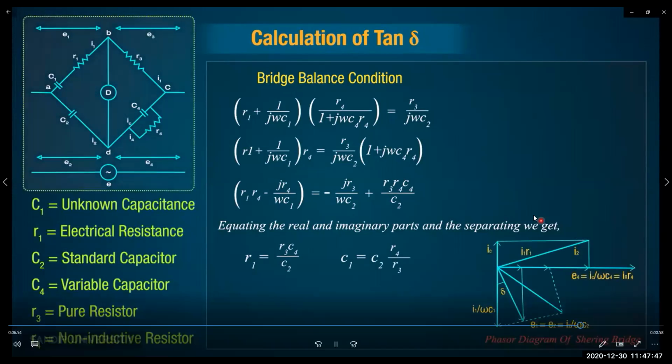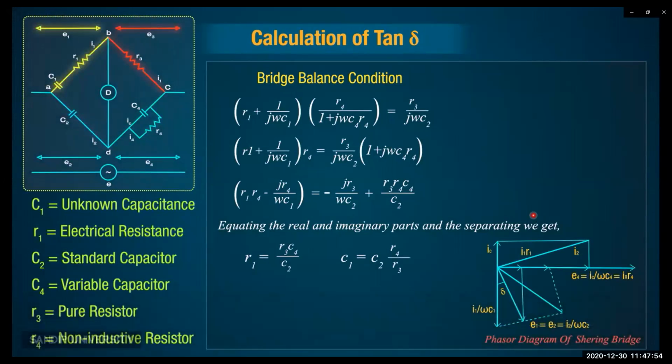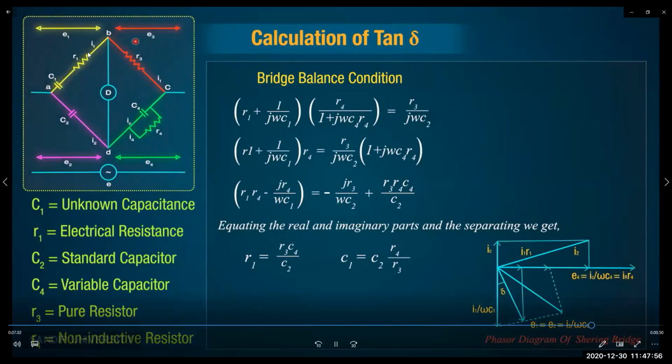We also have the voltage drops across the resistors, the different voltages E1, E3 and E2, E4. Based on that, we draw the phasor diagram of the Schering bridge and calculate the value of tan delta.